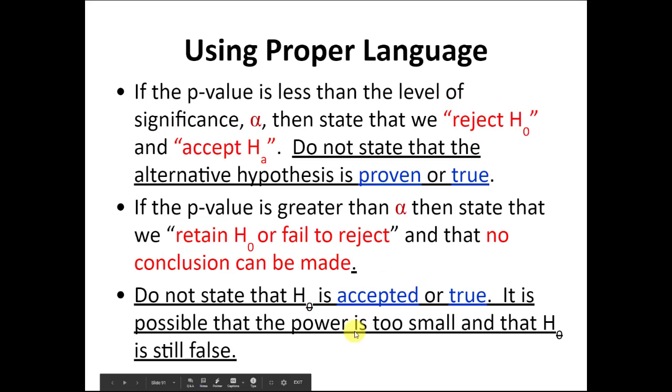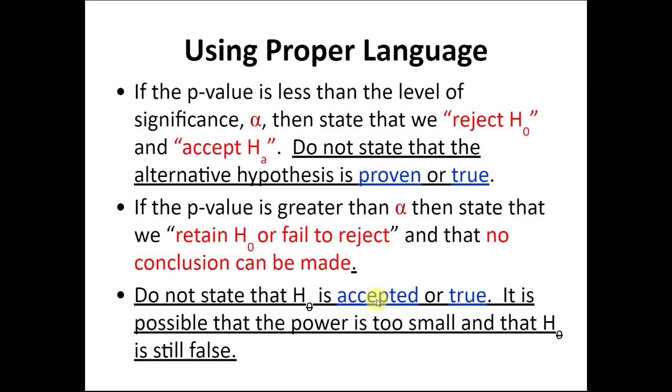One thing I want to mention that is very easy to do. You always want to state that the null hypothesis is rejected because there is sufficient evidence that the alternative hypothesis is correct. You should not say that the alternative hypothesis is proven or true. You should just say that there is enough to reject the null and for the alternative to be accepted.